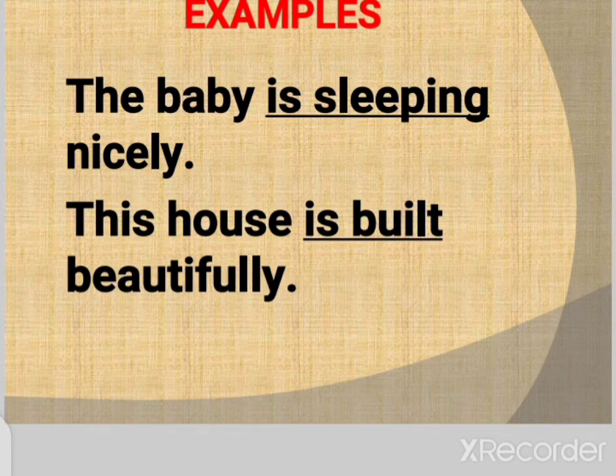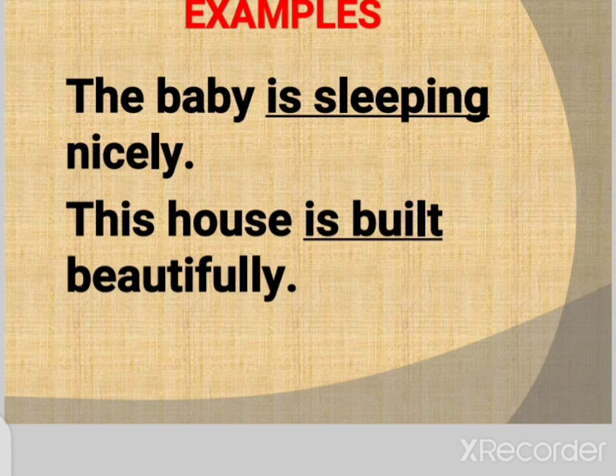No object has intervened. The second one, this house is built beautifully. Is built is an action. Beautifully, so we are only talking about the subject. In these two cases, the action limits itself to the subject, with no passing over to an object.